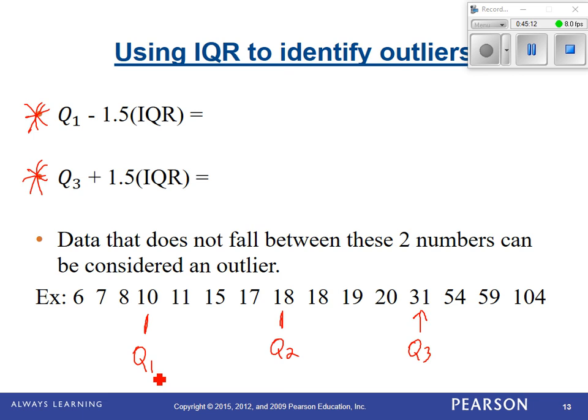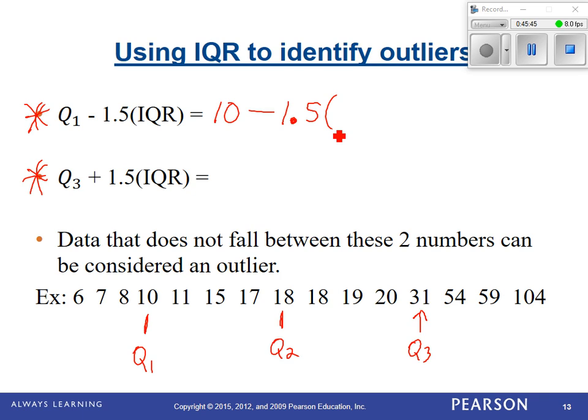I'm hoping I did that right. I don't remember from the last couple of slides, but it was 10 for quartile 1, 18 for quartile 2, and 31 for quartile 3. So if we're going to do this formula on this, quartile 1 is 10 minus 1.5 times the interquartile range.